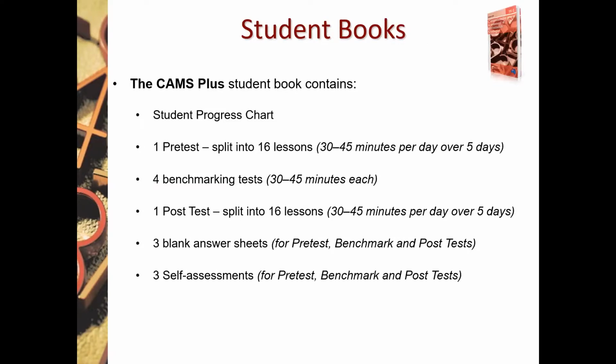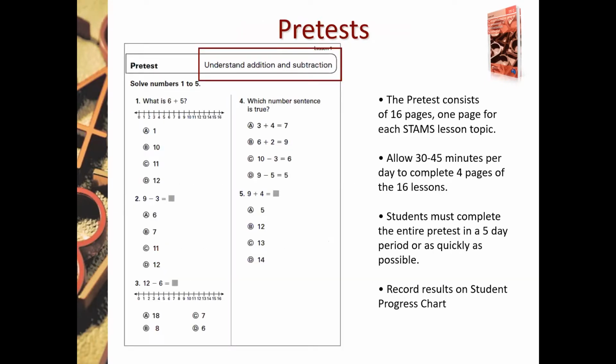In the student book is a student progress chart, which I'll show you in a minute, the pre-test, the benchmarks, the post-test, answer sheets for them to fill out, and 3 assessments for them to do after they've completed the pre-test, the bench, and the posts. The pre-test, there are 80 little maths problems to do. There's 5 of these math problems to a page, so 16 pages.